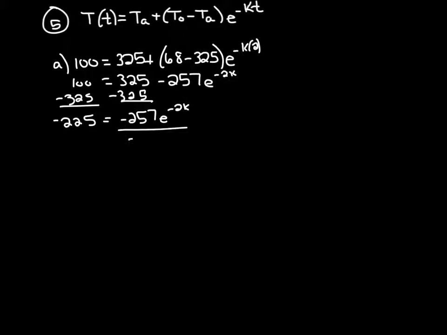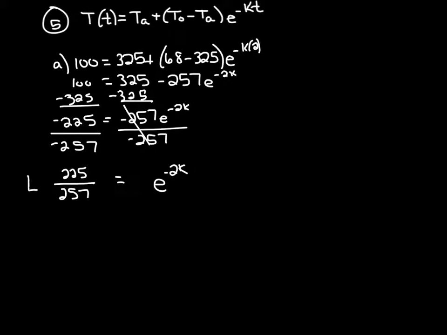And then to get rid of that number in front of the e, we're just going to divide. Now, I'm going to just leave this as a fraction. A negative divided by a negative is a positive, so I'll leave it as positive 225 over 257. And that's going to be equal to e to the negative 2k power. All right, now in order to get rid of an e, we have to put ln in front of both sides of the equation.